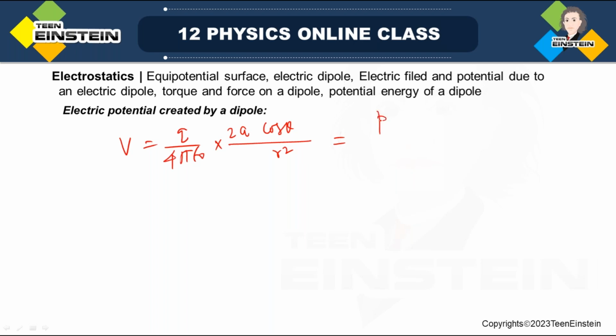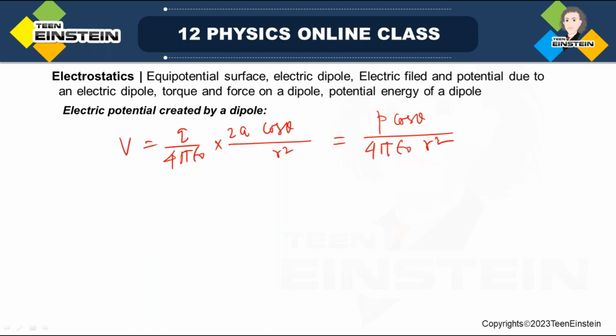So 2aq will be p cos of theta divided by 4 pi epsilon naught r square, like this. Okay, so this will be the case.